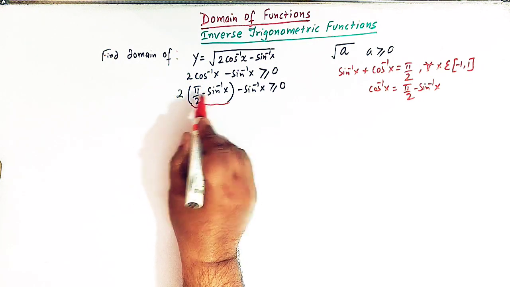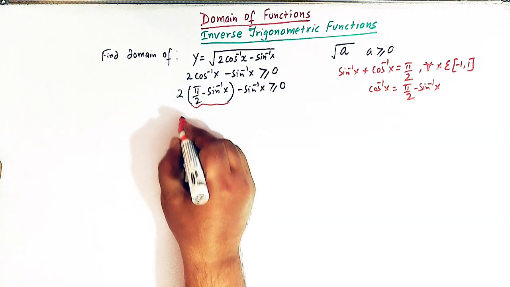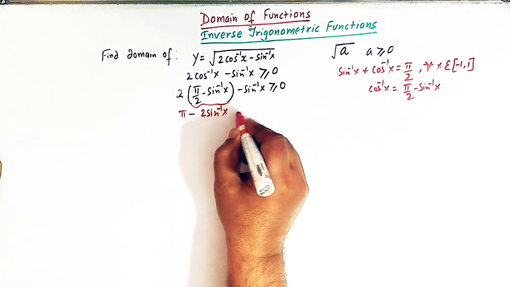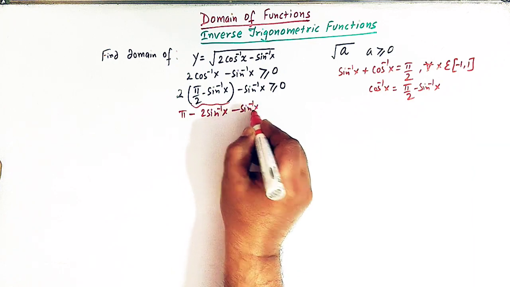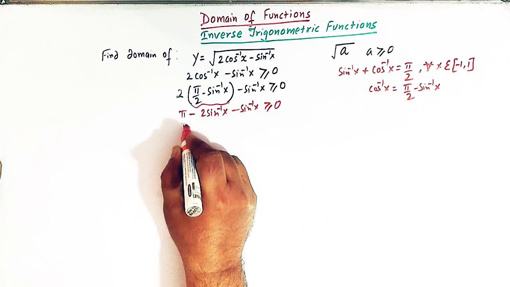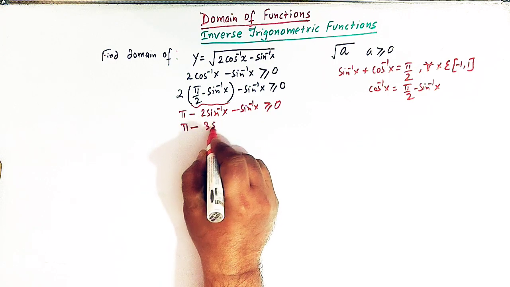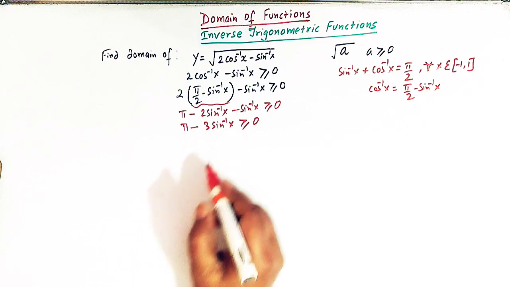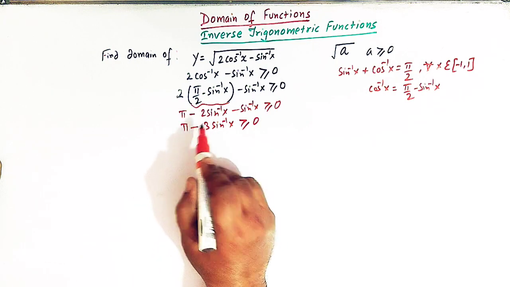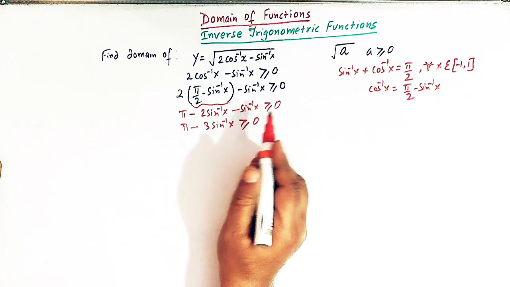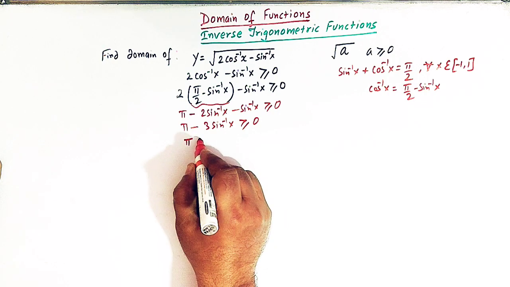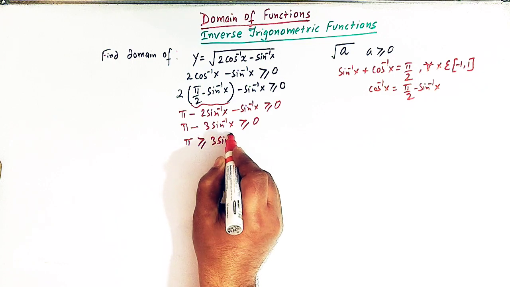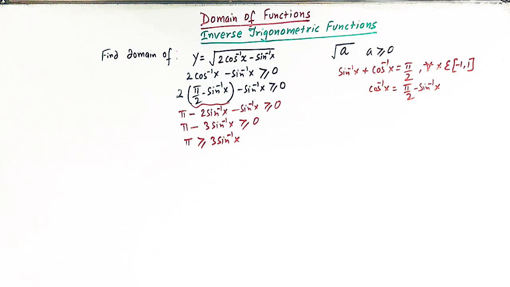Now multiplying by 2, we have pi minus 2 sine inverse x, and here we have sine inverse x greater than or equal to 0. So we have pi minus 3 sine inverse x greater than or equal to 0. Let us take this term to the right hand side. So we have pi greater than or equal to 3 times sine inverse x.